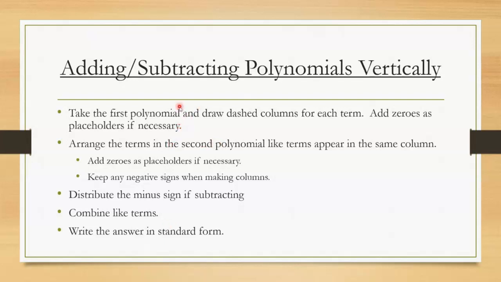And the basic idea, again, I'll demonstrate through an example. Basically, the first polynomial, you're going to draw dashed columns for each term, and I would add zeros as intermediate placeholders. I personally like to do that to avoid confusion. And in the second polynomial, you're going to put like terms in the same column.